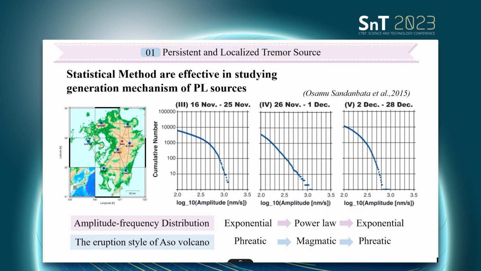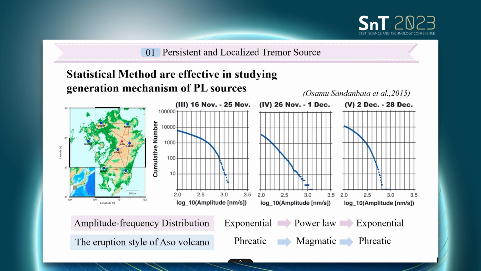In 2015, a Japanese researcher used a statistical method to study the amplitude frequency distribution of the PL sources around the Aso volcano in Japan, and found their amplitude frequency distribution changed from exponential to power law and back to exponential. It corresponds to the eruption style of Aso volcano changing from phreatic to magmatic and then back to phreatic. So we can find the statistical method effective in studying the generation mechanism of PL sources.